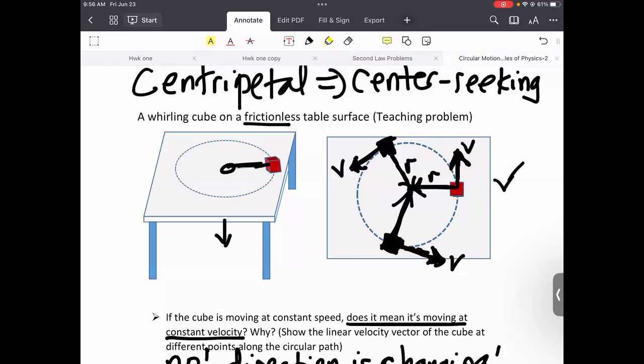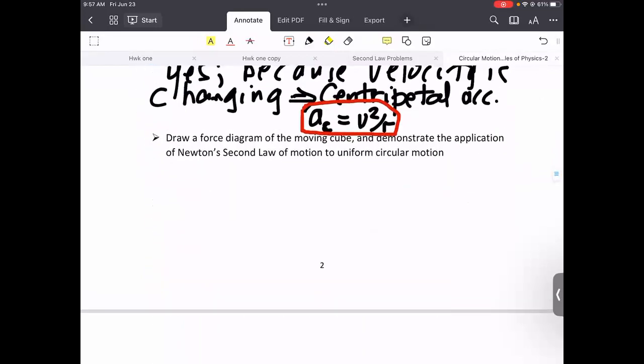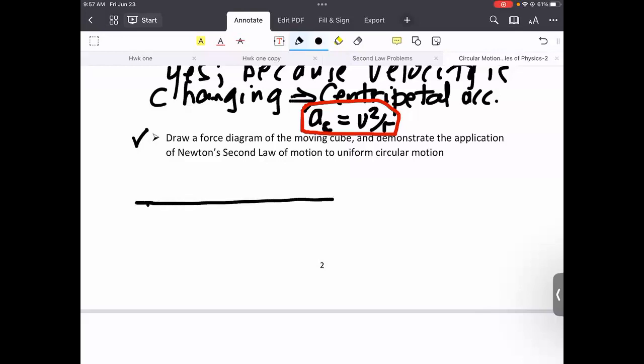Okay. All right. So now the next question: draw a force diagram of the moving cube and demonstrate the application of Newton's second law of motion to uniform circular motion. I'm going to draw the side view of the situation. This is the table surface. And I have my cube here.